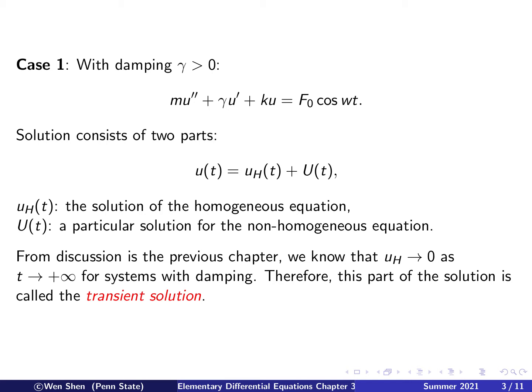And now, from the discussion in the previous video, the previous subchapter, we know that the solution for the homogeneous equation will go to 0 as time goes to infinity if the damping term is present. Therefore this part eventually goes down to 0. So we call this part of the solution the transient solution, because it exists for a short time, then it becomes very small and insignificant.